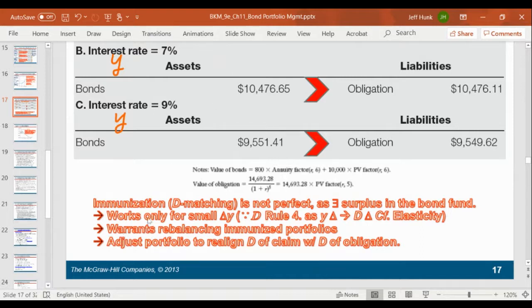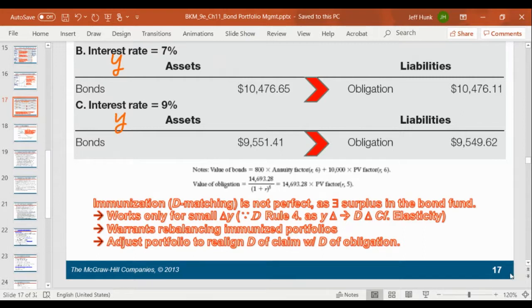And also, it works only for a small, marginal or incremental change in interest rate, as I said. It's going to be very difficult when the interest rate change is significant and huge, like a 4 or 5% change over 1 year. It's not going to work that easily.